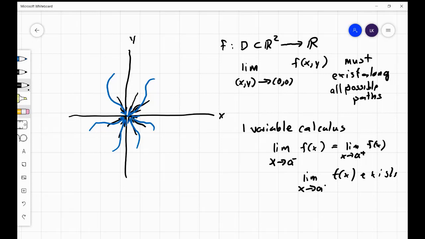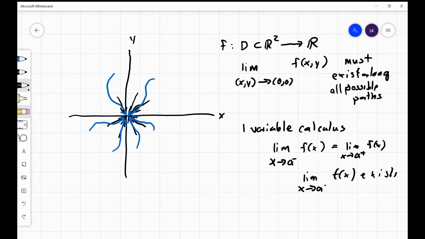We're not talking about continuity yet. That's a good question. This is very much related to continuity. We're just talking about a limit existing. Yeah, so recall that when we think about limits as points approach a specific point, we only care about the behavior of the function around the point.